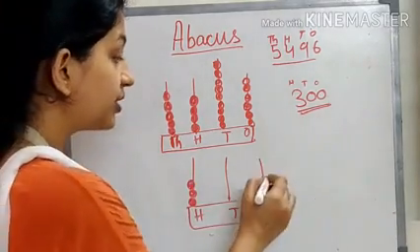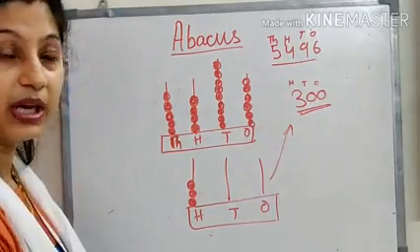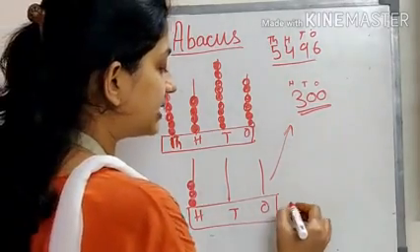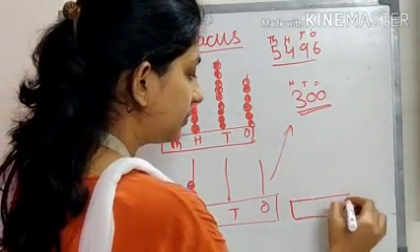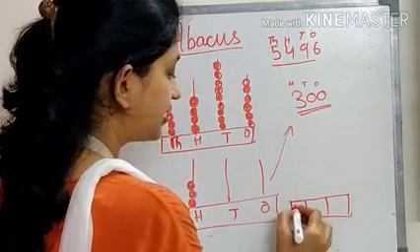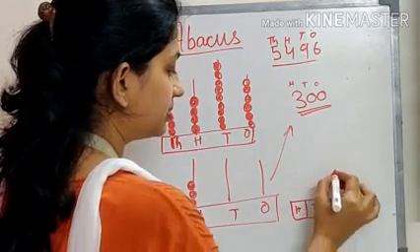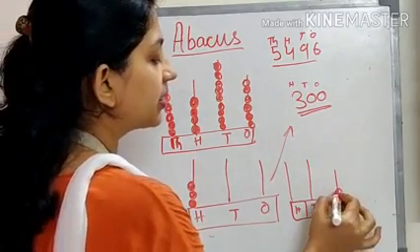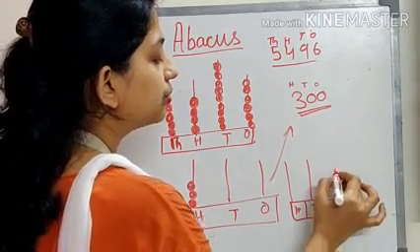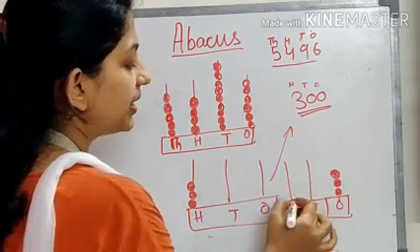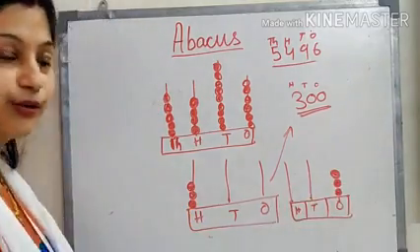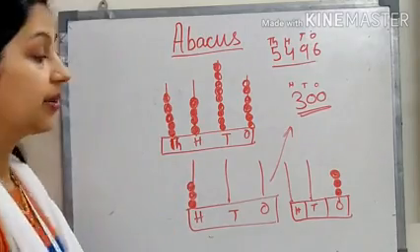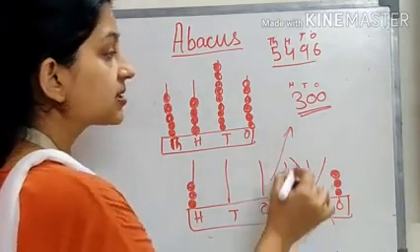Only then it is going to become 300. And if you make a mistake, like making 3 beads in the ones position and leaving the rest blank, thinking this is also 300, this is wrong.